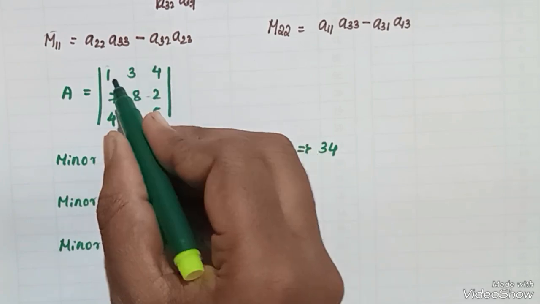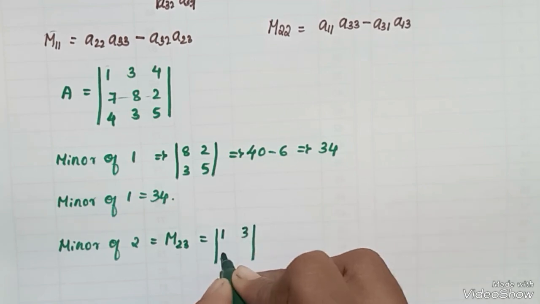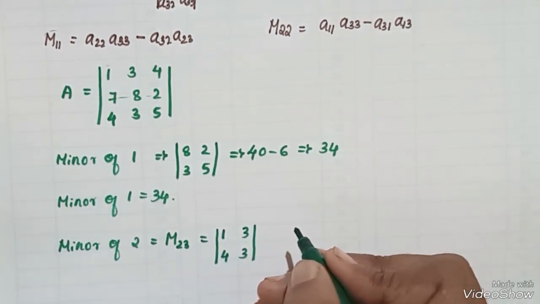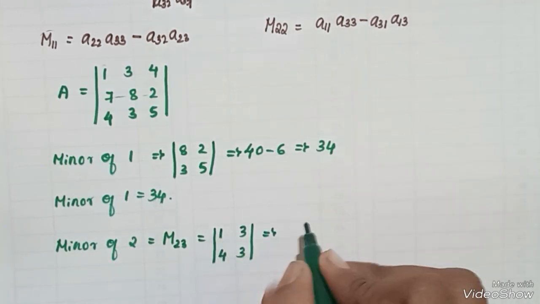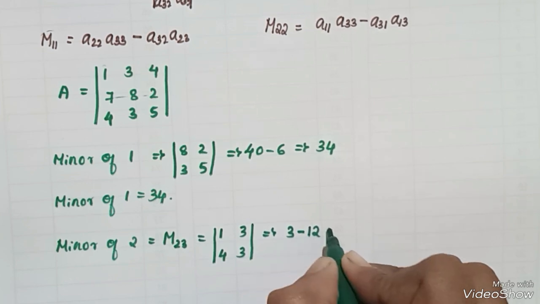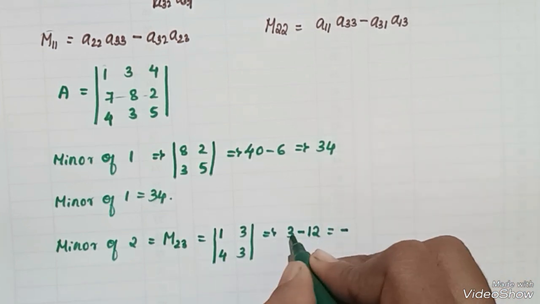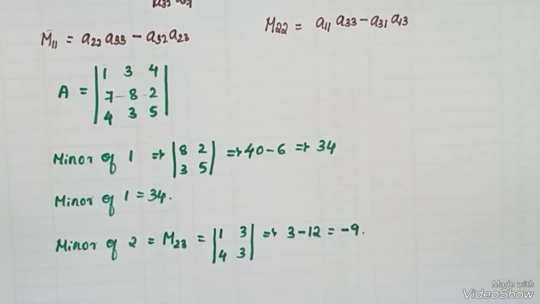The elements are 1 3, 4 3. Here the determinant value is 1 into 3, that is 3, minus 4 threes are 12, so the answer becomes 3 minus 12, that is minus 9. The minor of the element 2 is minus 9.